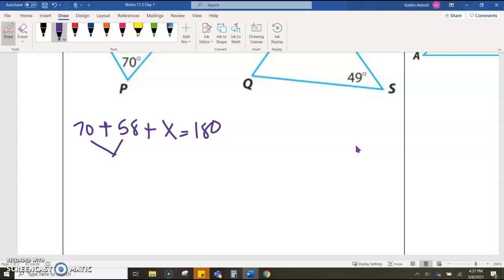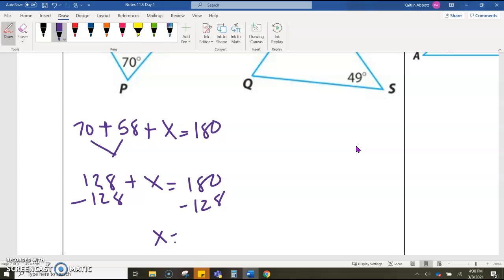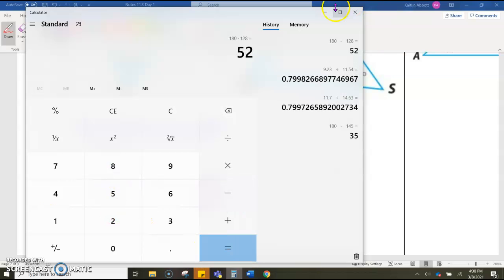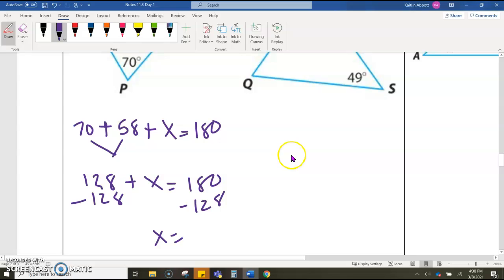So that gets us 128 plus x equals 180, minus 128, minus 128, x equals 180 minus 128. 52.